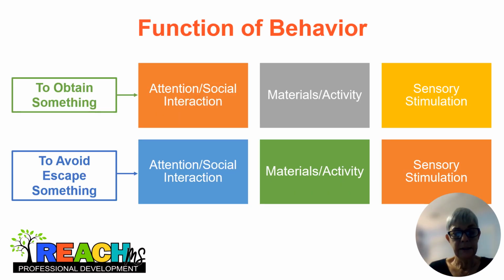So those are antecedents. When we think about function of behavior, it's typically in schools to either obtain something: attention or that social interaction, or some kind of materials or activity, or sensory stimulation, listening to music, having a little fidget in their hand, turning off the lights for that sensory stimulation.